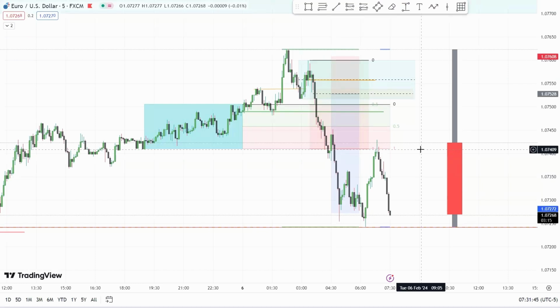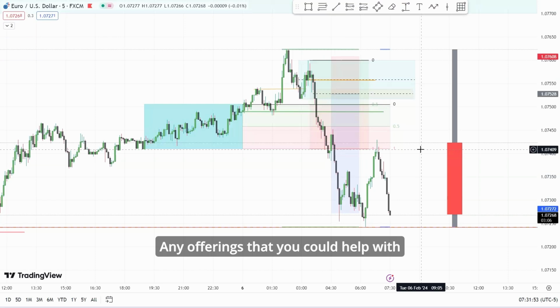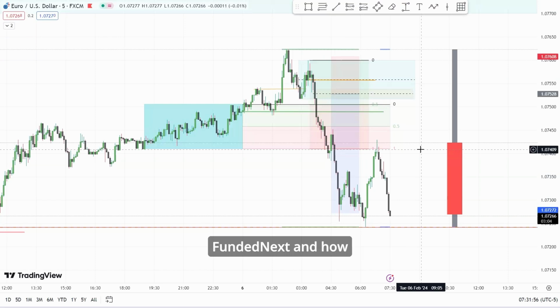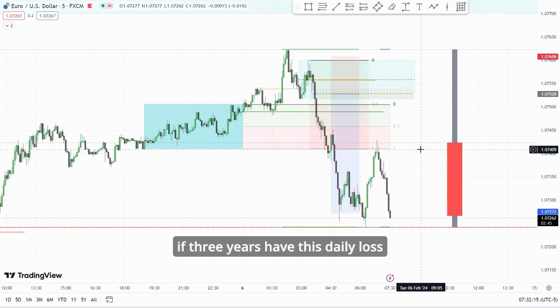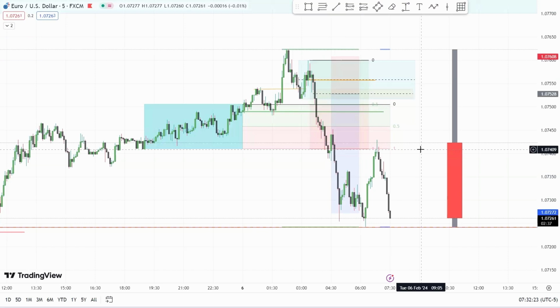Okay. All right. Well, any thoughts? Any offerings that you could help with FundedNext? How they could improve things? Yeah, there's this particular feature I think that you guys can add to make it more effective. In the sense of daily loss, I feel like traders should have a personal daily loss target that they can implement on their account.